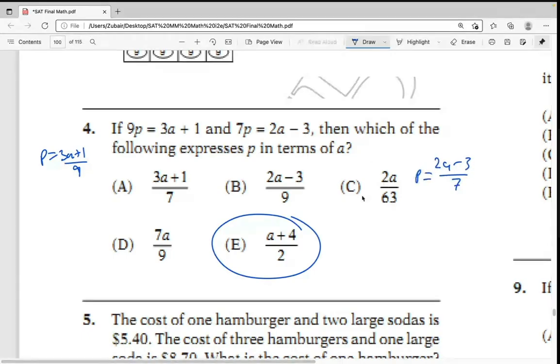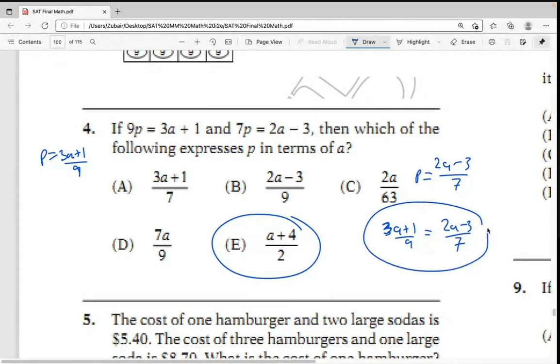But when I actually equate them, 3a plus 1 over 9 is equal to 2a minus 3 over 7. I'm not solving it further. But what do I see? P is no more there. And it says express P in terms of A. So in this case, when we substitute, we won't get our output.